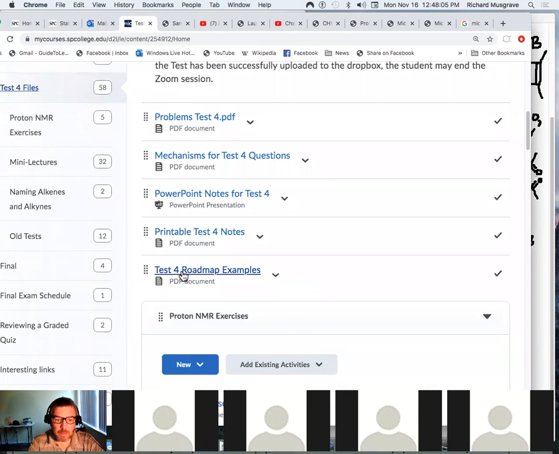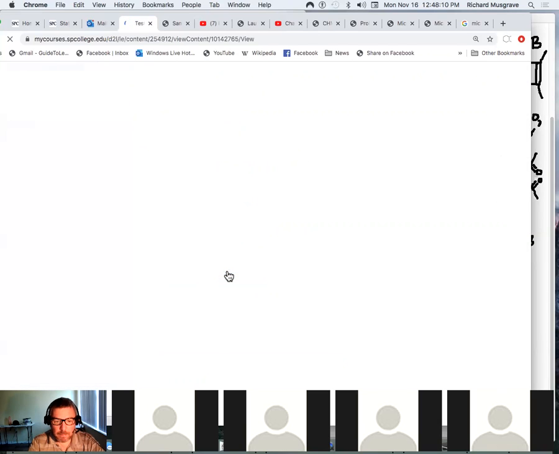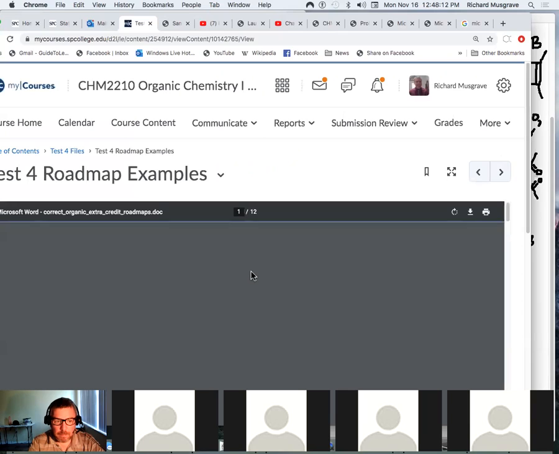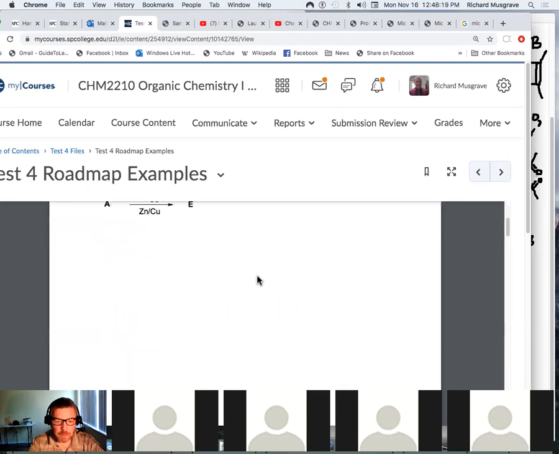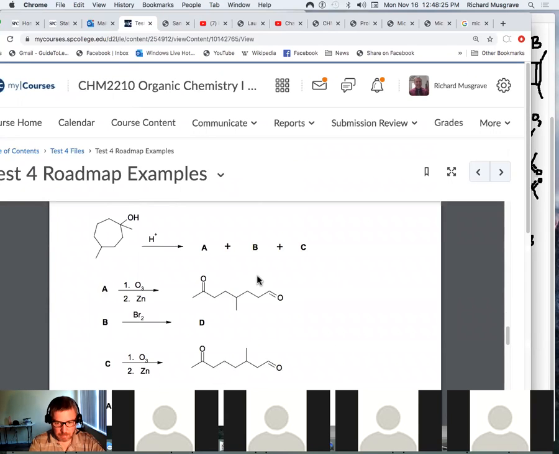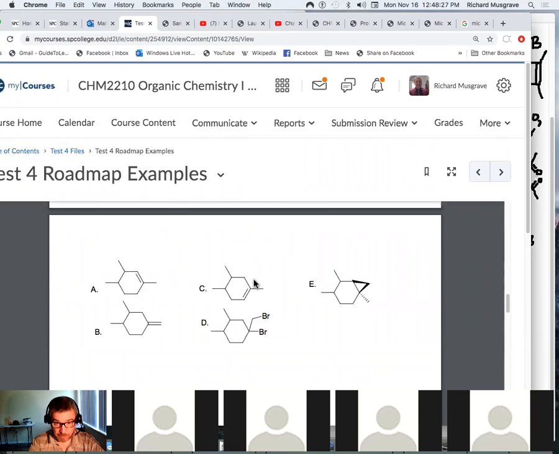Here we go. Test, but not a folder, it's a file. Test 4 roadmap examples. So it's got problems and answers very similar to the ones you'll see on the test. There you go. Anyway, all sorts of fun for you.